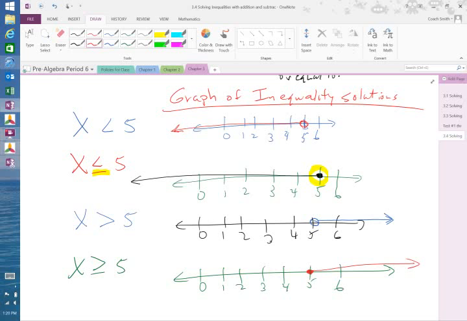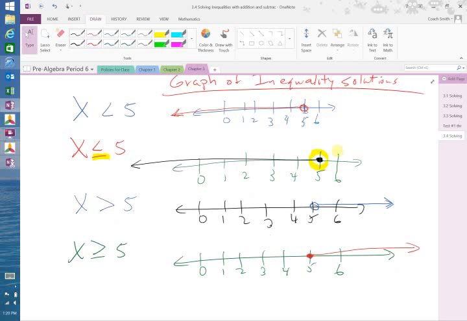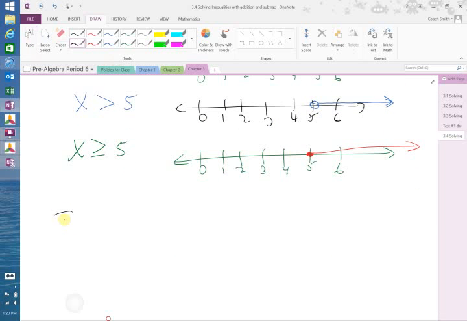Now you're going to have to put x, the less than or equal to sign, greater than or equal to sign, and then the number. You have to include the sign with your answer. If you don't, then obviously it would be wrong. So now let's look at some of the solving of inequalities.